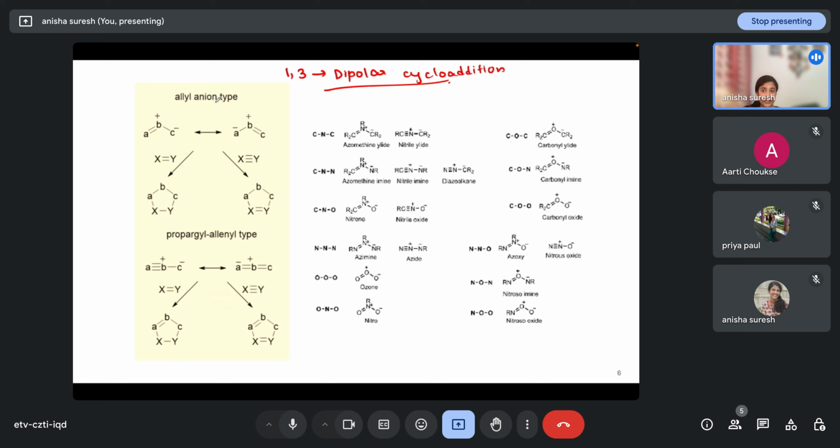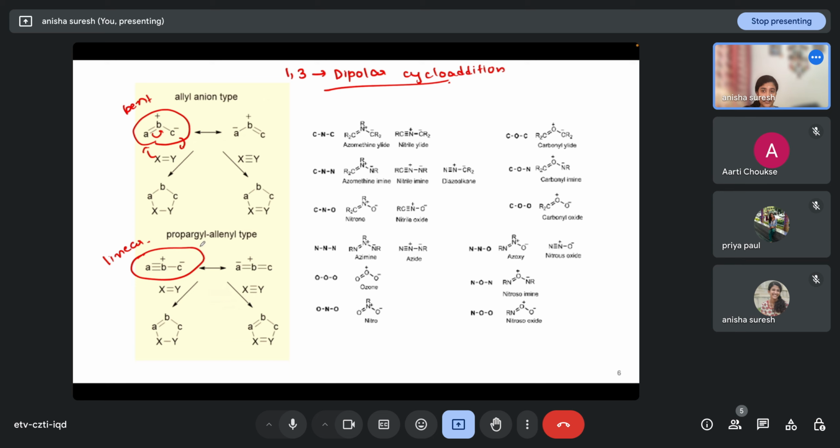In the case of allyl anion type, this will have a bent geometry, and in this case it will be linear. Then it can undergo cycloaddition with this alkene or alkyne, resulting in the formation of a five-membered ring system. Okay.